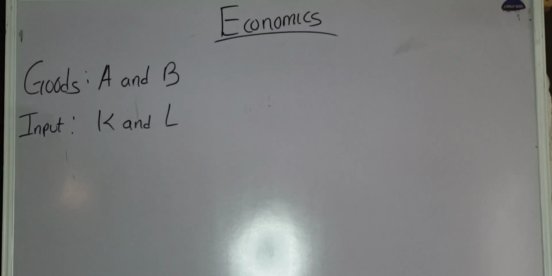Okay, now let's proceed. From the question, each unit of A requires 2 units of K plus 6 units of L. I want you to pay attention to that statement. Each unit simply means 1 unit. You understand?